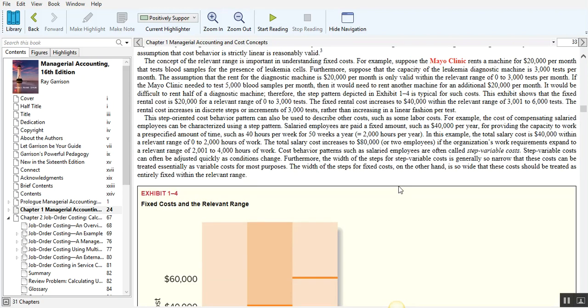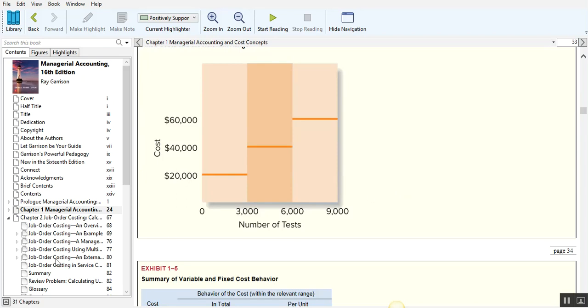They rent a machine that samples, and so if you run 3,000 tests in a month, the cost is going to be this cost, in the range from 0 to 3,000 tests. But when you cross the 3,000 tests, you're going to have an increase in the cost, and that will hold true for a range between 3,000 and 6,000 tests. Then the next step that you're going to see is going to be a jump in the cost when you go above 6,000, you're going to see a $60,000 cost.